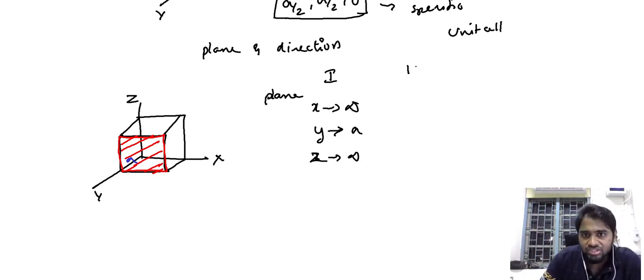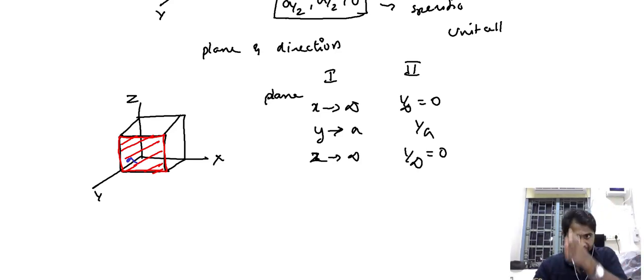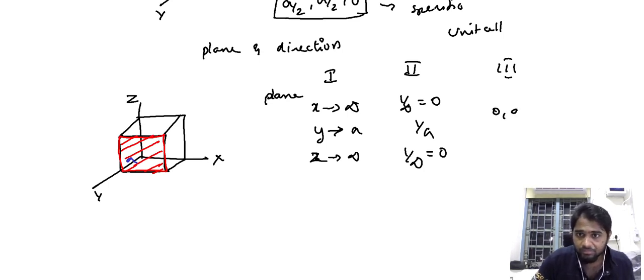Now the second step involves taking the reciprocal of this. So when you take the reciprocal, 1 by infinity will be 0, this will also be 0, and finally this will be 1 by a. So what we have done is taken the intercepts in the first step, taken the reciprocal in the second step, and in the third step we represent it in this manner, separated by commas, and we enclose it using a bracket of this form.